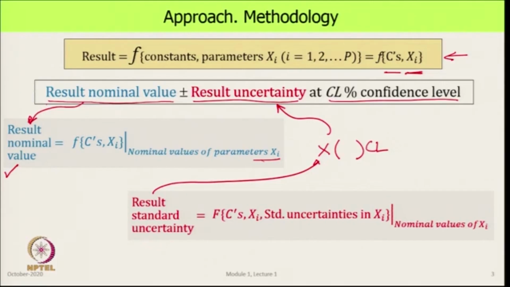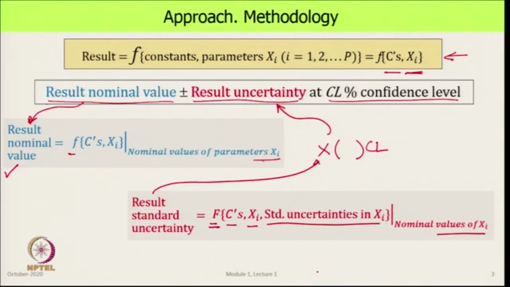What it means, we will come to that in a little while, and this is a different type of function, not the same one that we had here, of the constants, the mean values of the parameters, and the standard uncertainties in each of the parameters, all evaluated at the nominal values of the parameter x i.